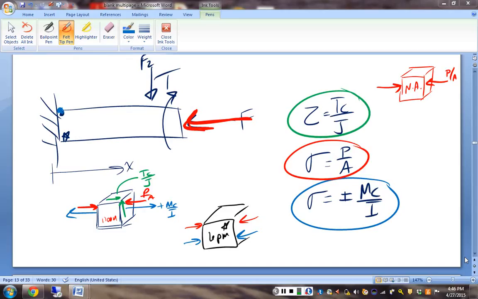And the shear is still clockwise, so the shear is actually still in the same direction. It's okay. Numerically, it works out.